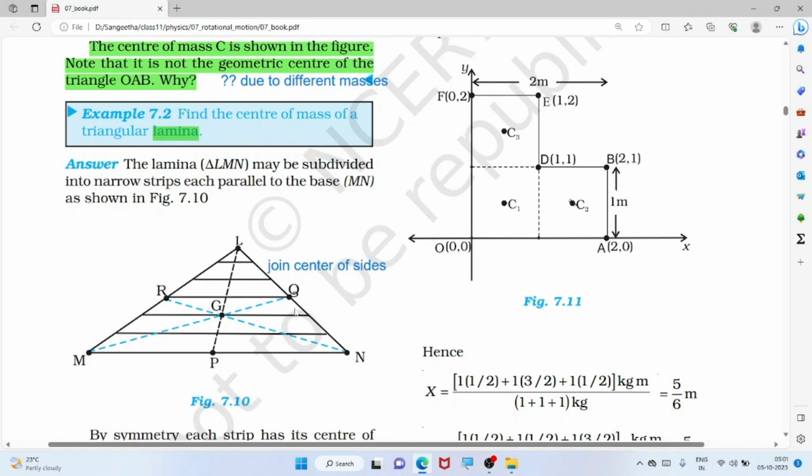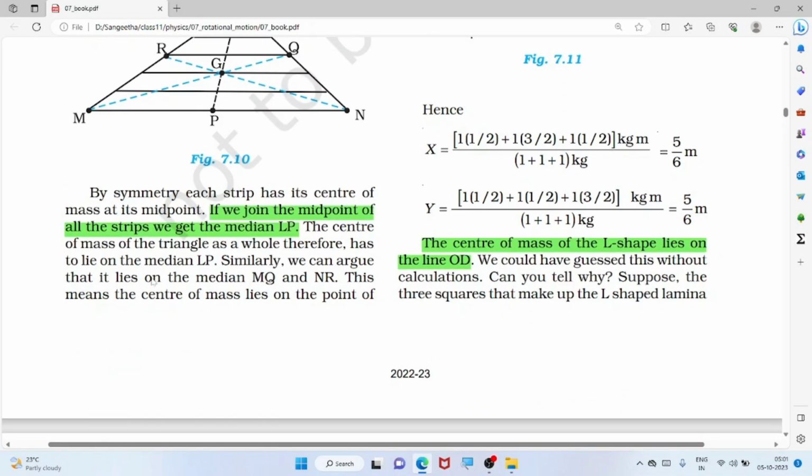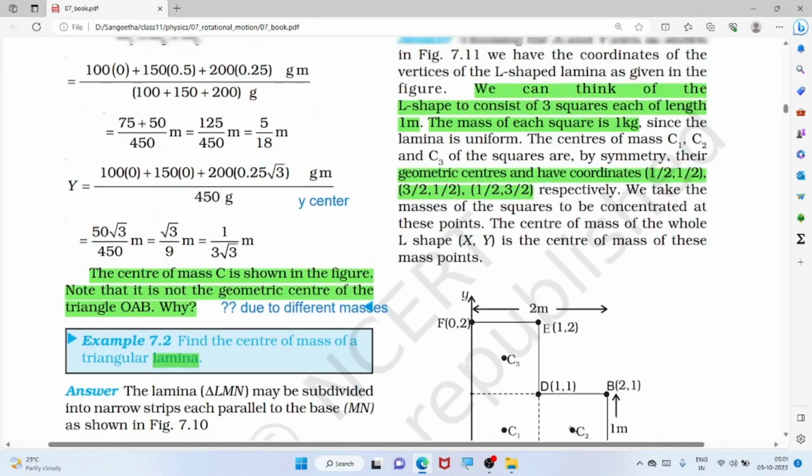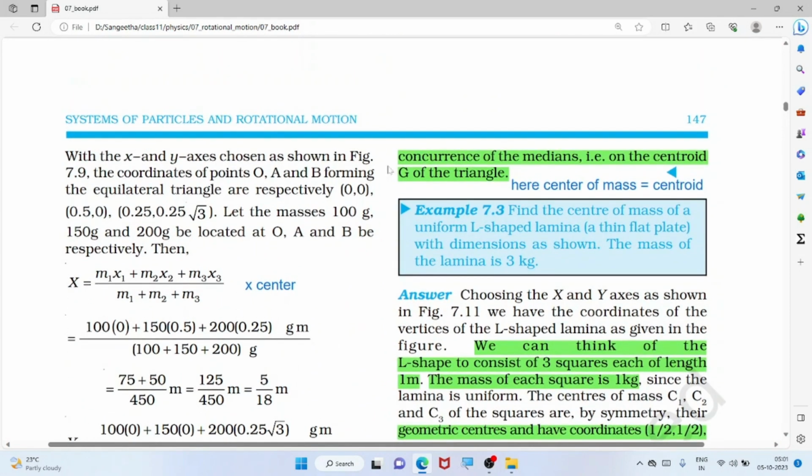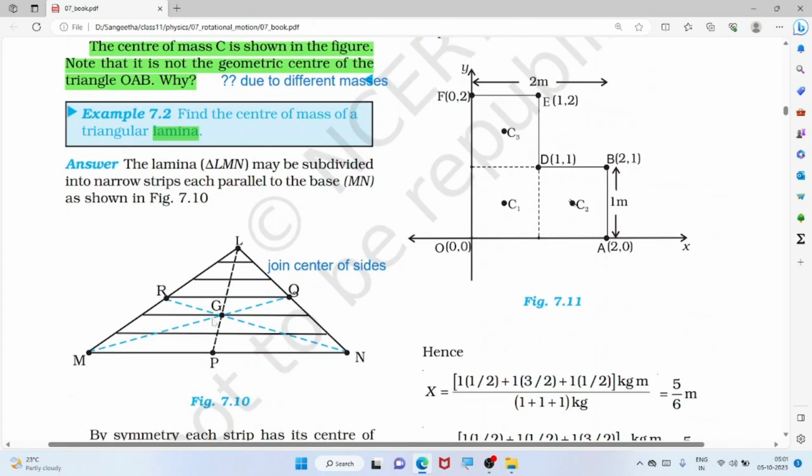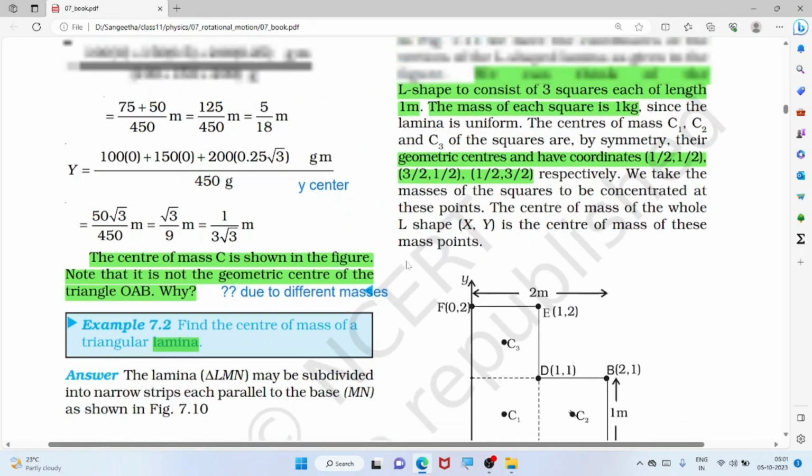In this case, you see this is uniformly distributed. So the center of mass is equal to the centroid of the triangle. Here this lamina's center of mass is the centroid, because the mass is distributed equally.